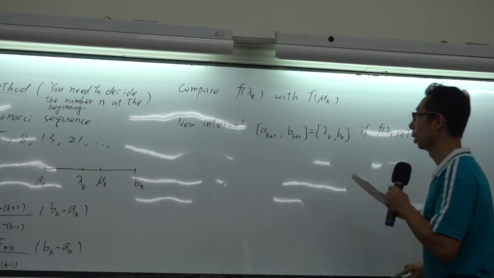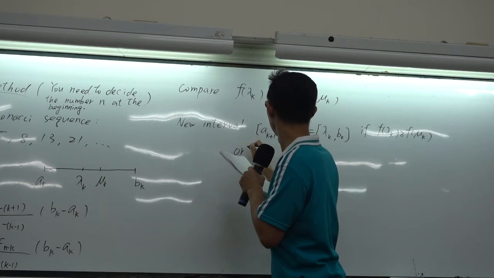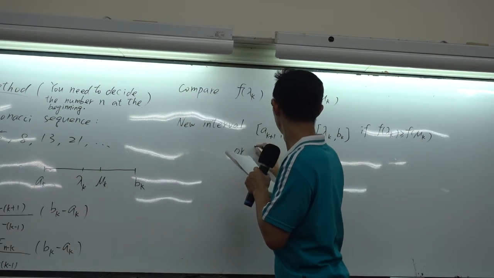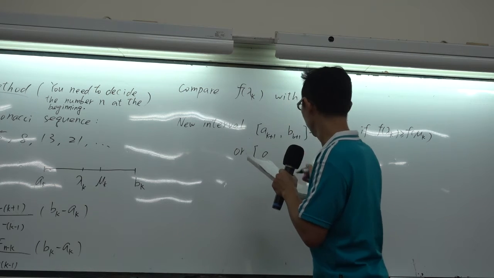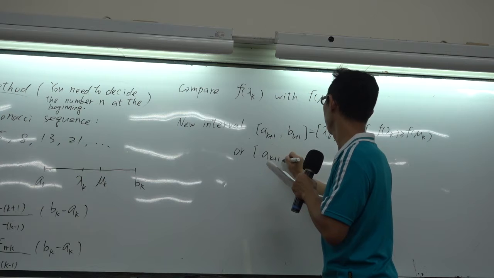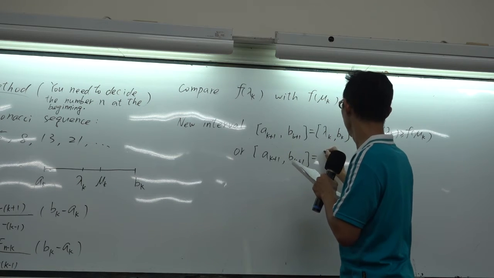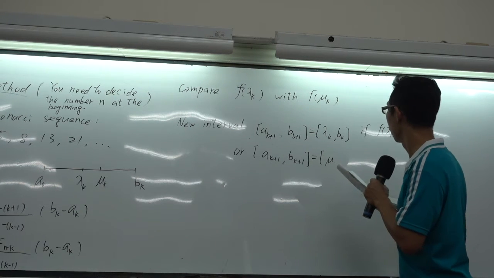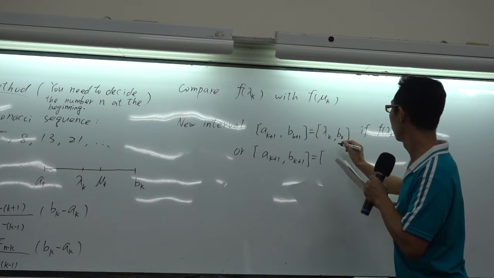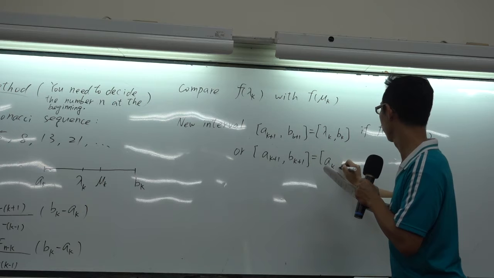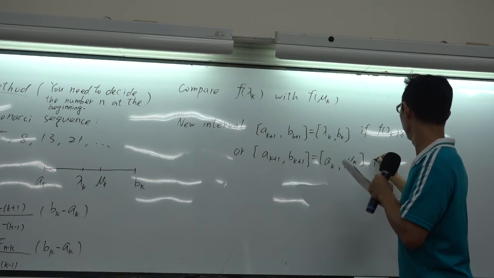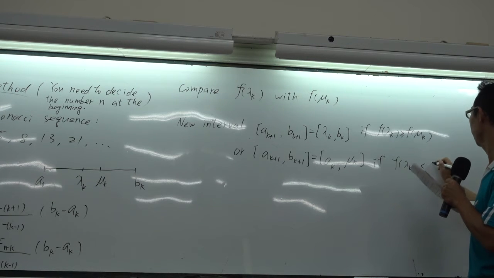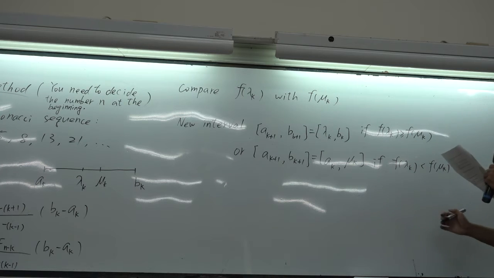Or the second case, the new interval is a k, mu k, if f of lambda k is less than f of mu k, right?